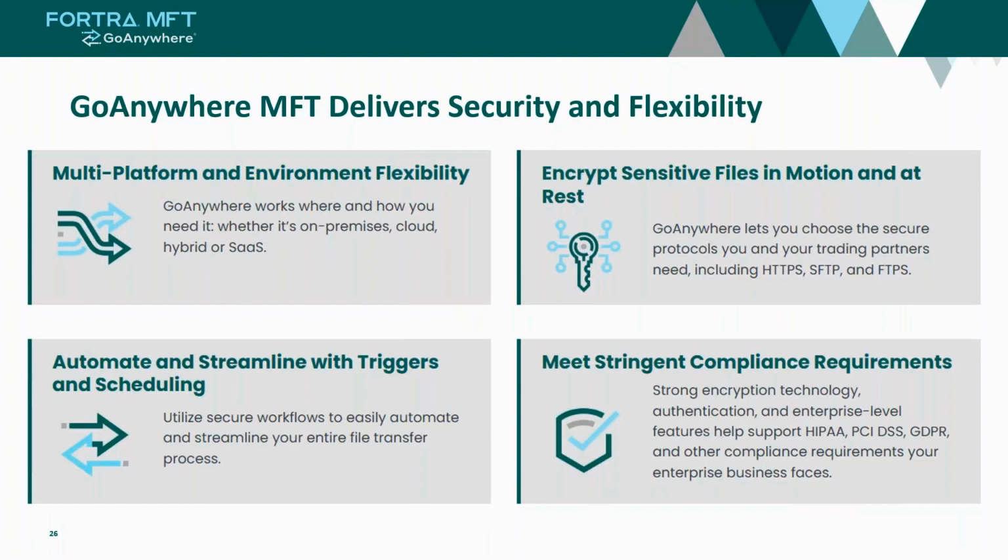We're going to talk about the automation using the built-in scheduler, the file monitor or a file watch, if you will. A lot of customers call it a file watcher. You've got triggers, which are off of user events, API calls, and more. And then GoAnywhere also has tools to help you be compliant, offering strong encryption algorithms, ciphers, logging of users' actions, auditing, and more.